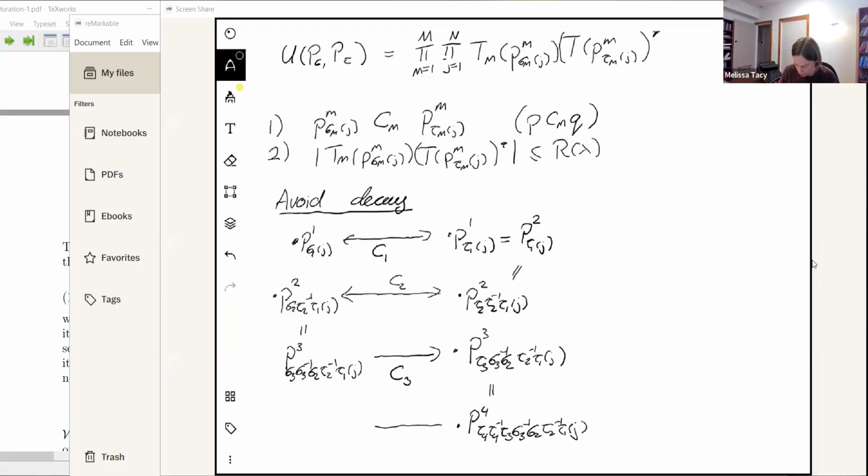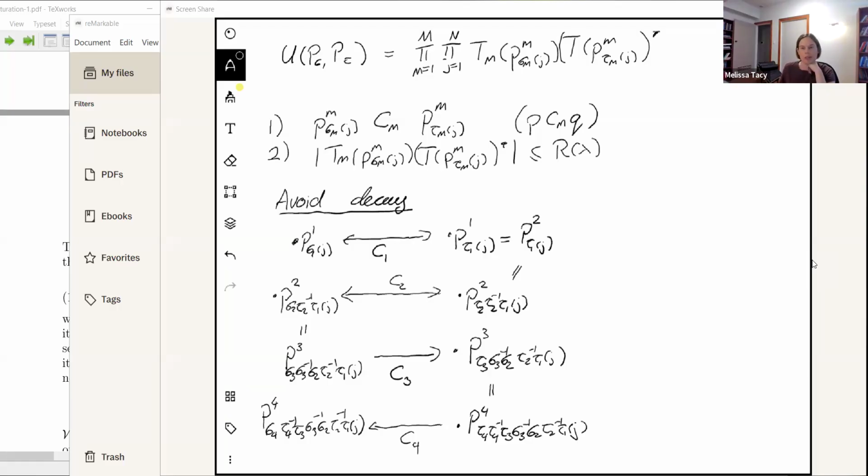Come back via condition 4 to P4 sigma 4 of j. So as I move around the loop, I build up a way of addressing.